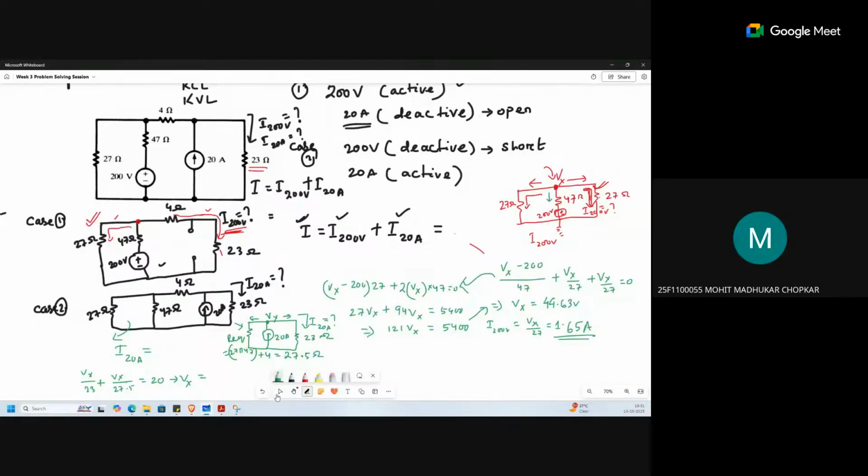Yes, ma'am, 17 ohm if we get parallel with 27 and 47. That will be 17 plus 4, 23 ohm, and that side 20, and also that side, both 23 ohm are in parallel. So you can say this is 23.15 ohm you are getting.